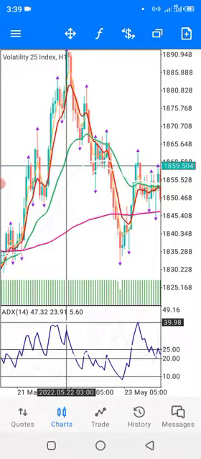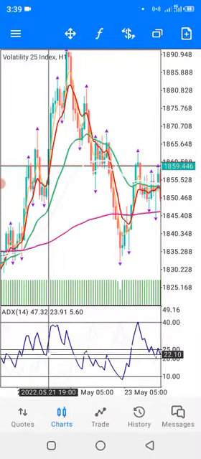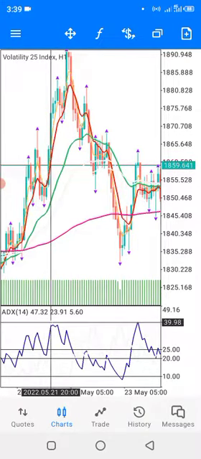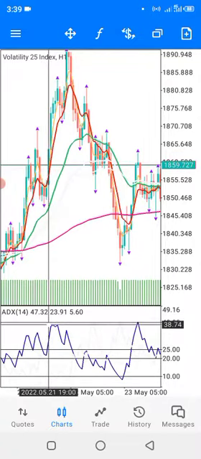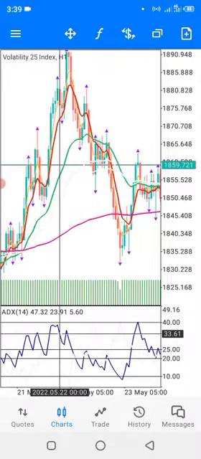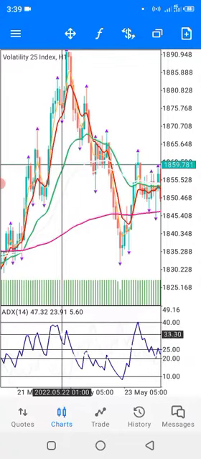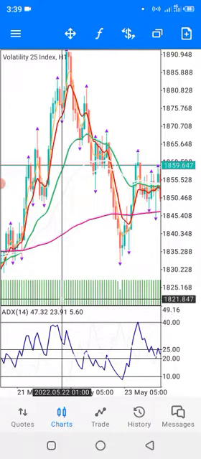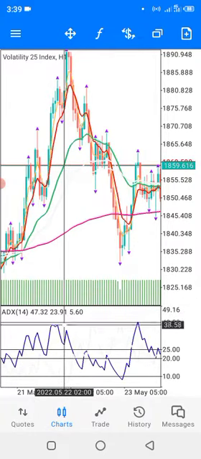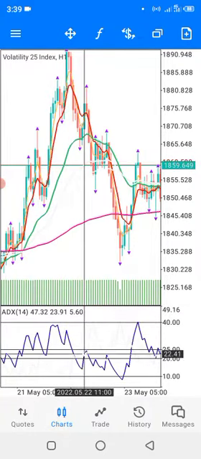From level 40 on the average directional movement index, whenever the trend moves from 0 to level 40, that is the overbought region, expect the trend to sell down. So you expect the trend to sell down, and it's going to sell.